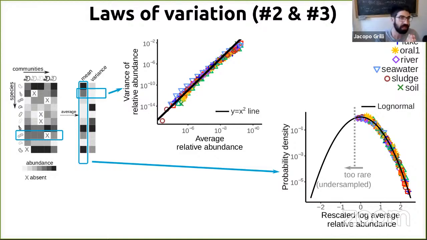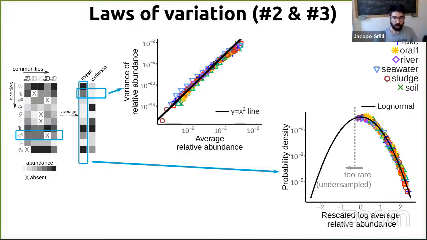So if a species is rare enough, you will never observe it. So there is a lower cutoff of the log normal, which depends on the sampling effort, on how many samples you have collected and how much you have sequenced them. And that determines what is the minimal abundance you can detect.